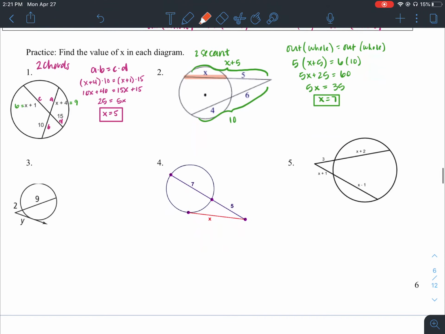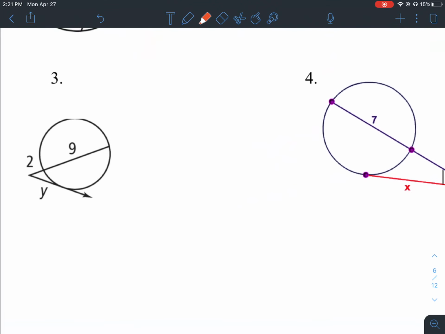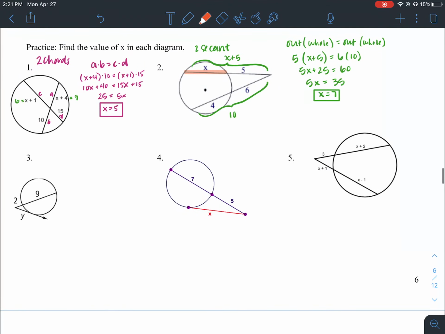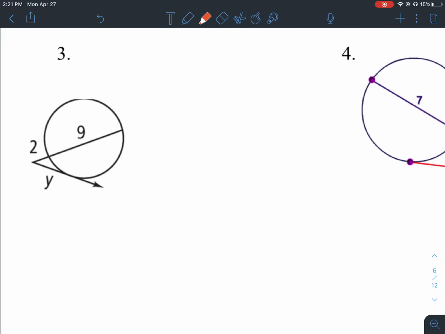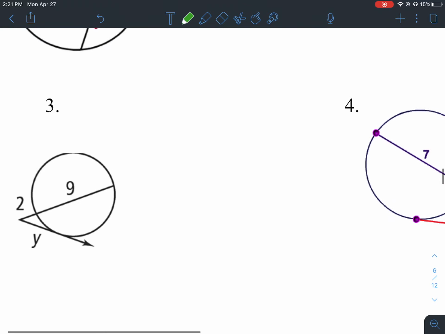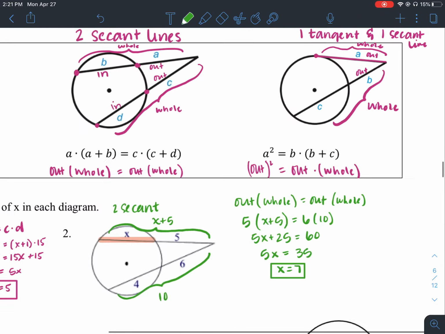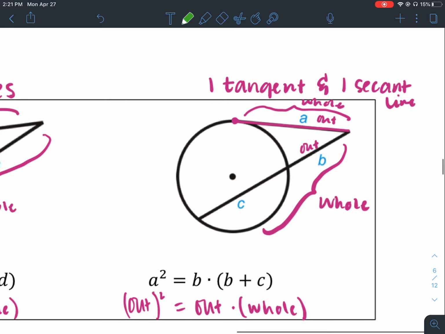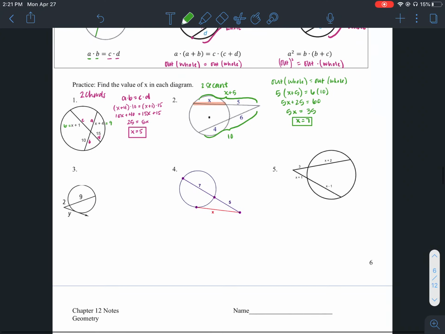All right, last 3, I'm going to go through them. If you want to pause and try them yourself, you absolutely can, but I'm going to work through them right now. So number 3, this is our third possibility. This is the tangent and the secant. So outside is the whole thing on the tangent.